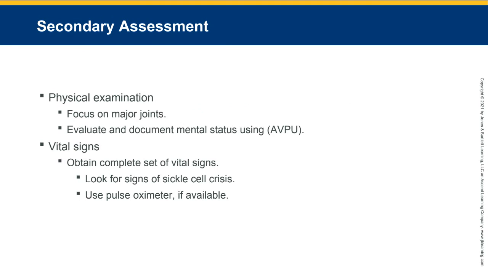After your history taking, then we go to the secondary assessment, physical examination. Focus on major joints, evaluate and document mental status using your AVPU, and obtain a complete set of vital signs and compare that to your primary assessment findings. Look for signs of sickle cell crisis, use pulse oximeter if available.